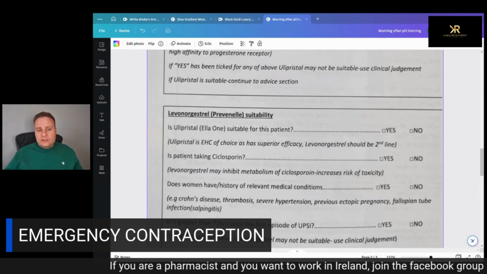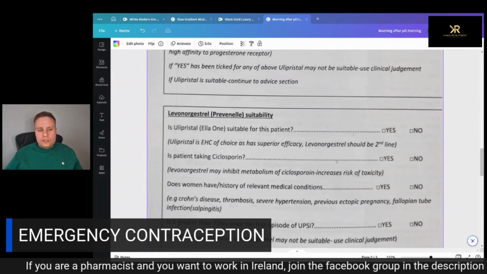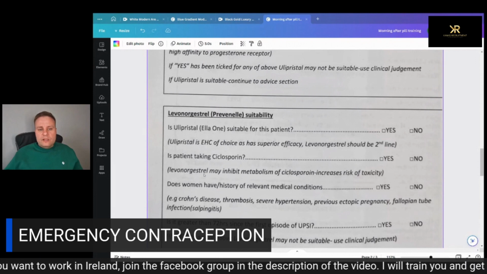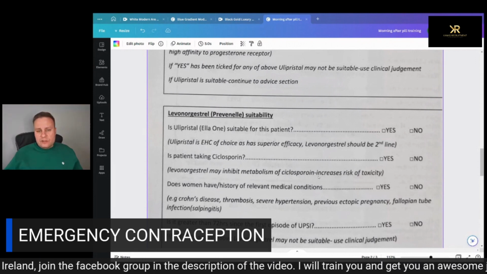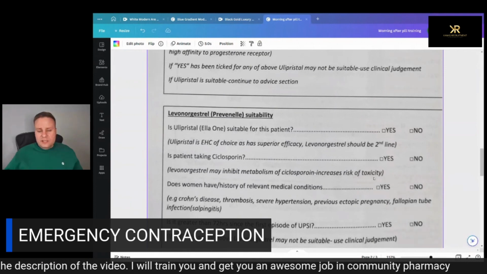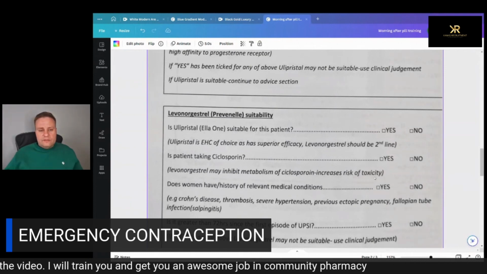You have to ask if she's taking cyclosporin, because Prevanel may inhibit metabolism of cyclosporin, thus leading to increased risk of toxicity. So that would have severe side effects.